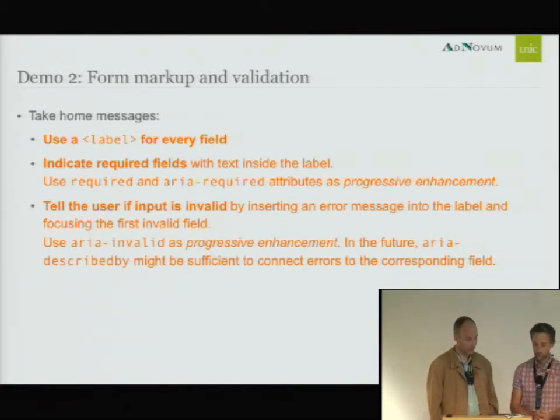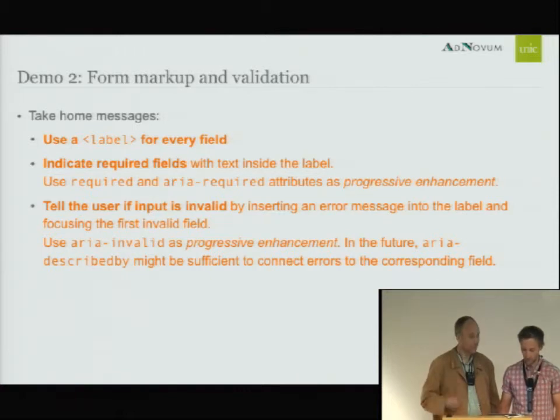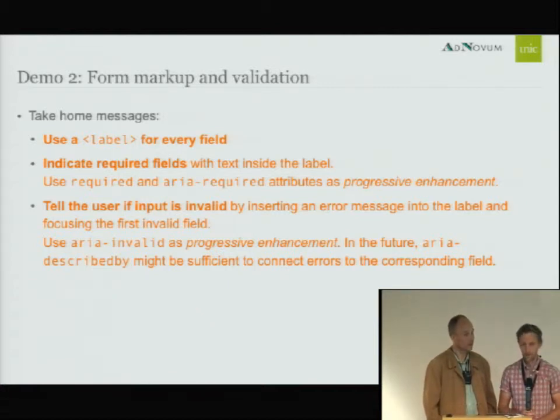As I said, in future you might rely on aria-invalid and, for example, aria-describedby to connect the error message, but not yet. So this is not yet a sufficient technique for WCAG conformance. We have some additional links on GitHub for this demo, where you can have a look at alternative solutions with other ARIA approaches.